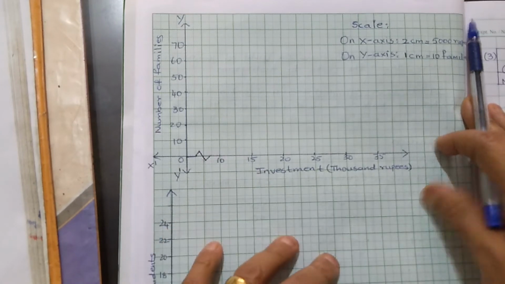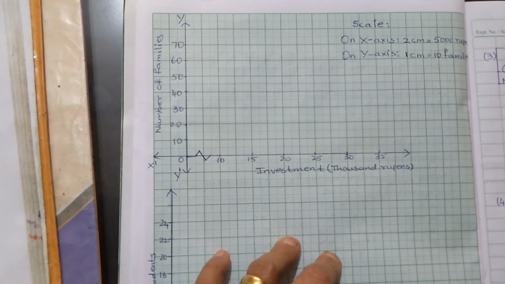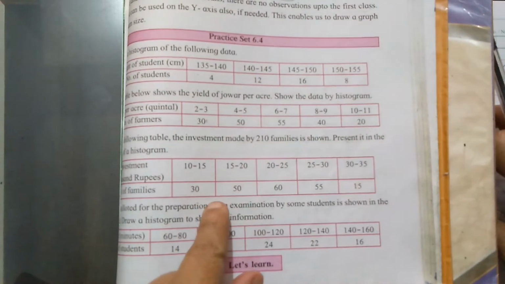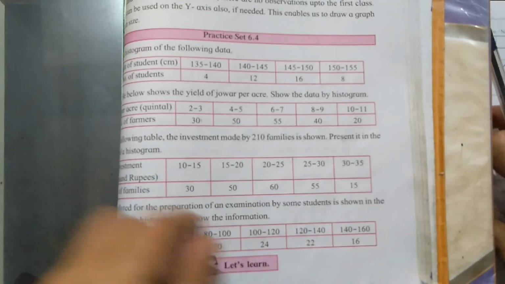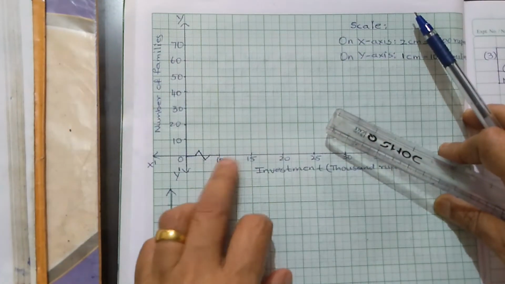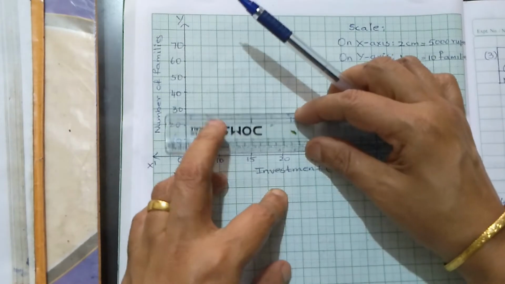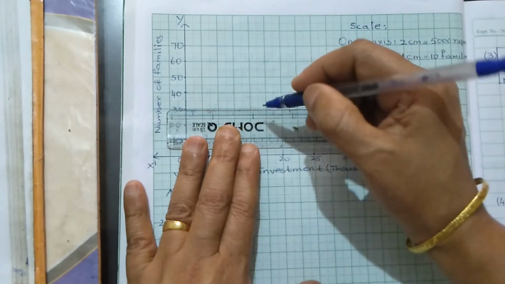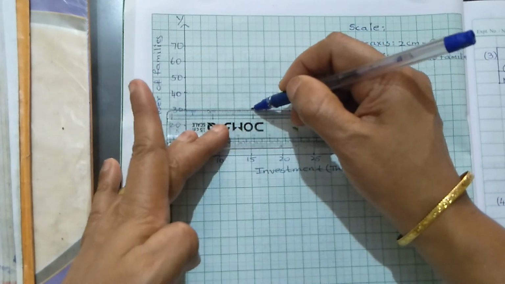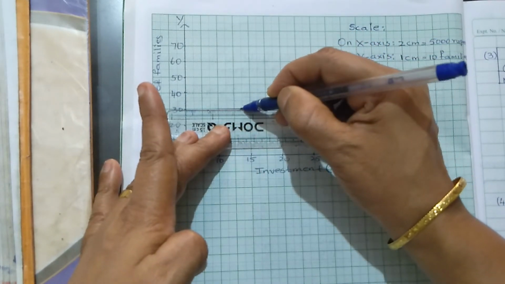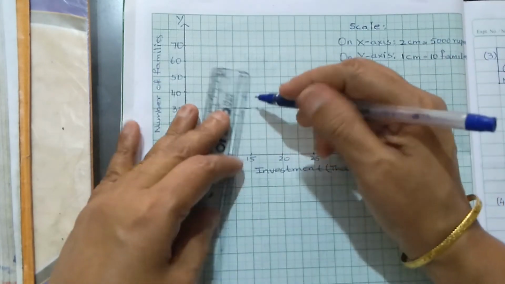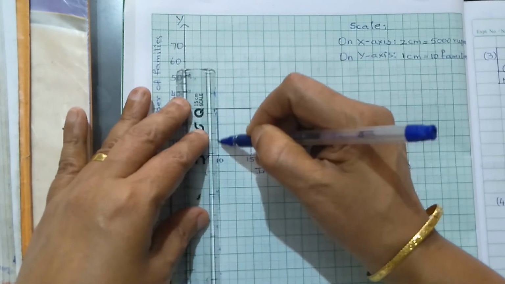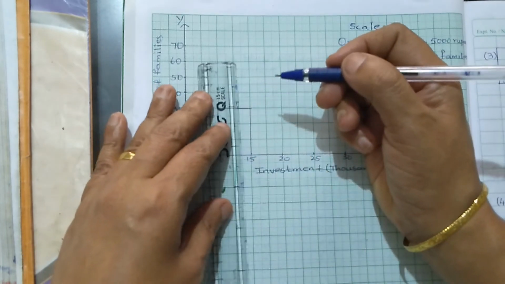Now we will draw the histogram. Now 10 to 15 it is given how much? 30, and the next one 15 to 20 is 50. So 10 to 15 is 30, and 15 to 20 is 50.